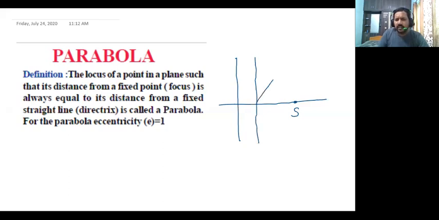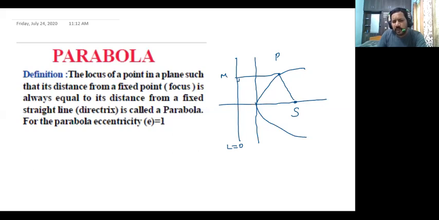Draw the curve. Where is the point P? I think this is P. This is the fixed straight line L is equal to 0. This is a fixed point, and this is the locus of P.